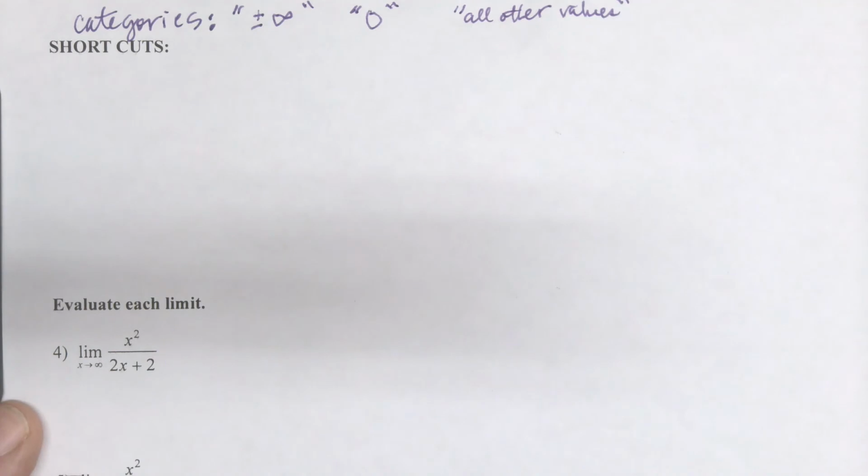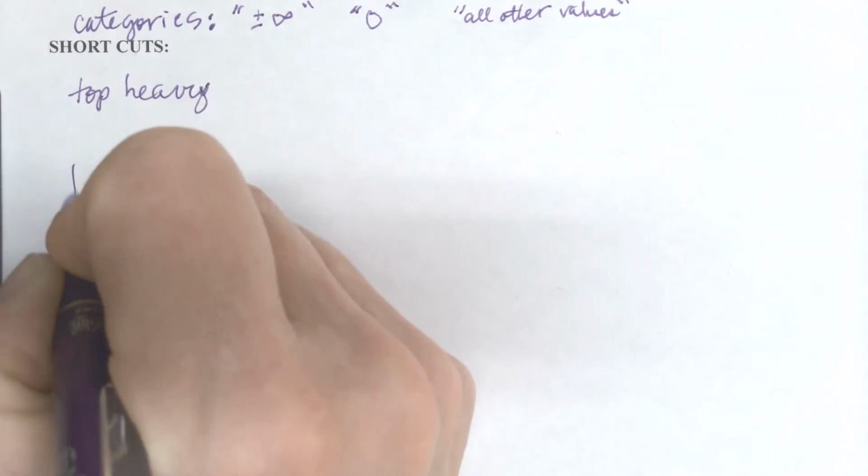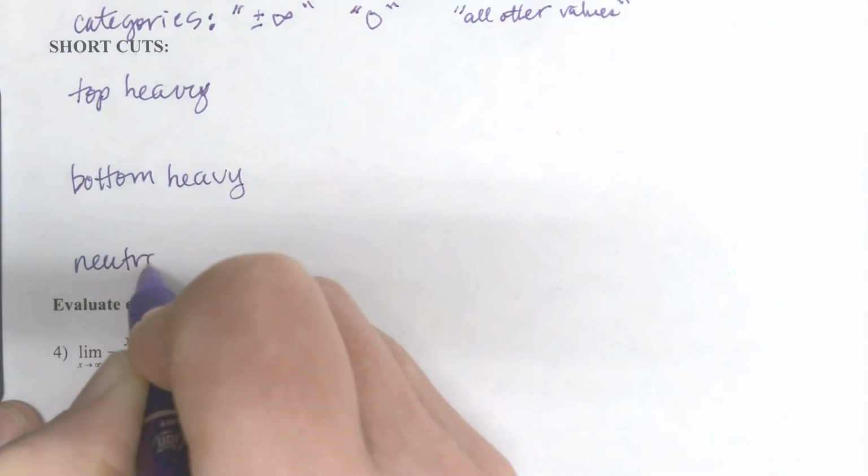And so our 3 categories can be broken down into top-heavy, bottom-heavy, and neutral.